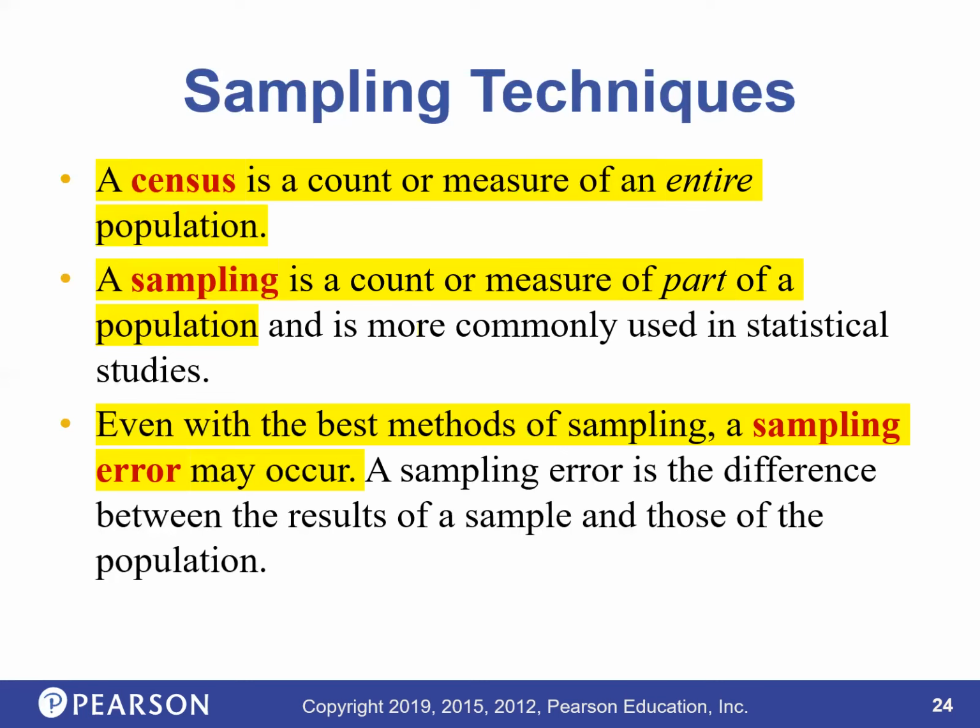Even with the best possible sampling methods, we have come to the conclusion that we're going to have some kind of error in our data. That sample is not going to match the exact data of the population. So we always have to account for sampling error. We account for it in our formulas when we write them down, and also in our analysis.